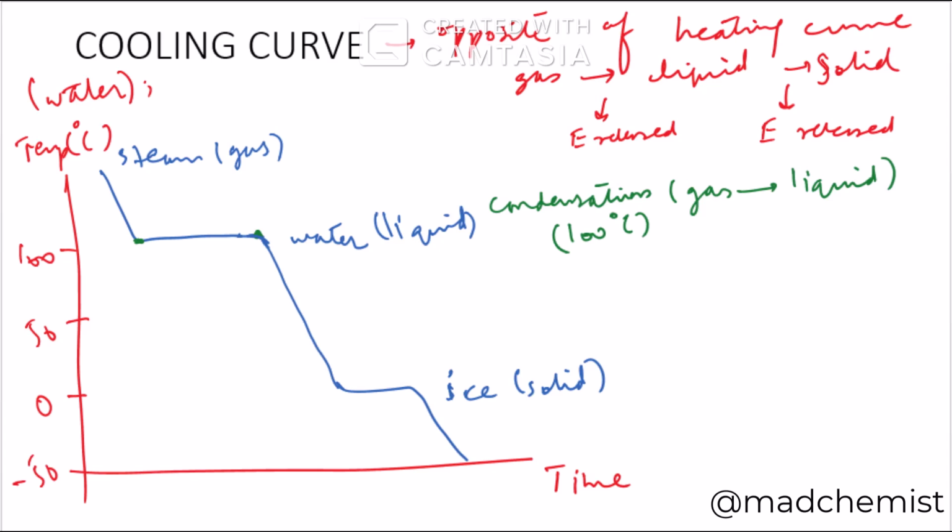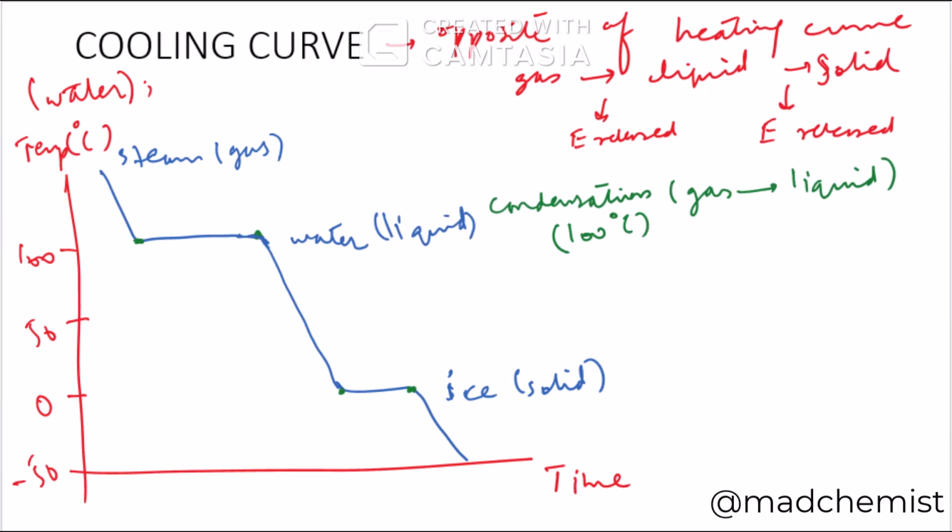So after some time, water again starts converting into its other form, that is solid form. The particles present here start changing their arrangement, and hence when the 0 Celsius temperature arrives, we convert into solid state.